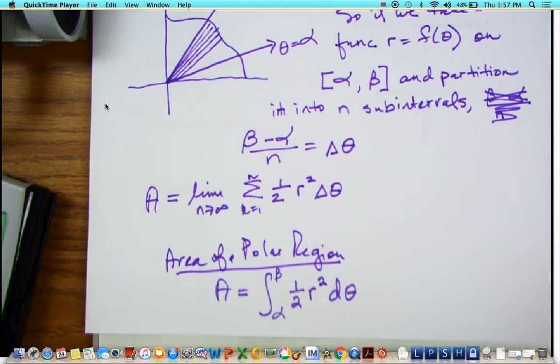We've been inserting rectangles forever and ever. But we can now take this same idea of inserting an infinite number of areas of a sector into a polar region, summing them together and being able to calculate an area. Okay, you good with that idea? Seem to make sense? Yeah?